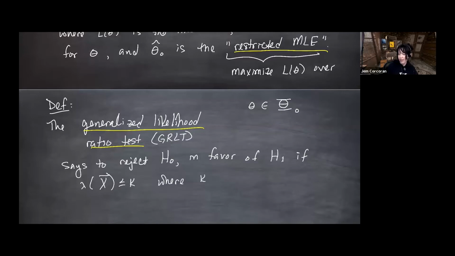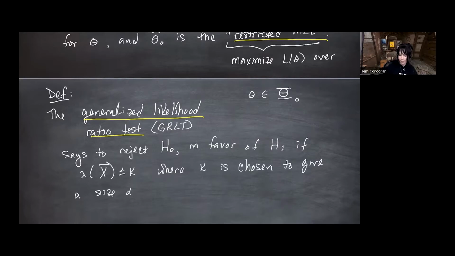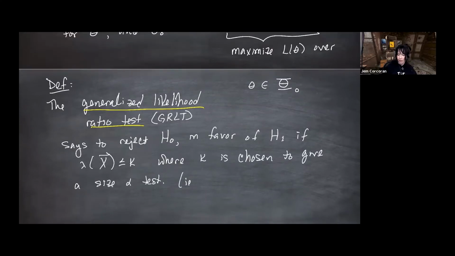i.e., you get alpha by maxing, or suping, supremums, if the max doesn't exist, over theta in the null hypothesis set of parameters, the probability that lambda of capital X is less than or equal to K when the parameter is theta.